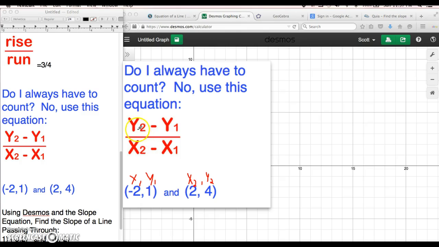If I put these into my equation, I'm going to say y2 is 4, and then we have minus y1, and that's 1. I'm going to divide that by x2 minus x1. x2 is 2, minus x1 is -2.